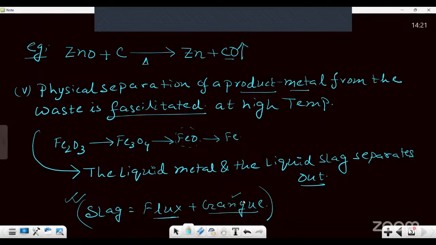And once they can fuse or melt very easily, what is going to happen is that they will mix and form the slag. So this is exactly what happens, right? So this is the main idea.